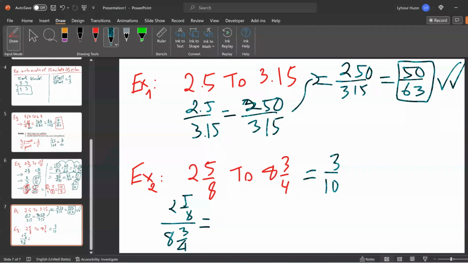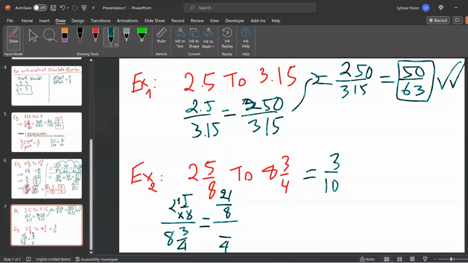We need to turn the mixed number into a fraction, which is 8 times 2 plus 5. 8 times 2 is 16, and 16 plus 5 is 21. Sorry. So 21 over 8 divided by 35 over 4. Yes, 35 over 4.